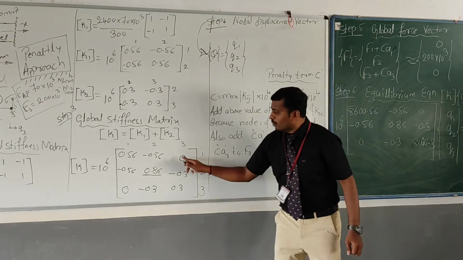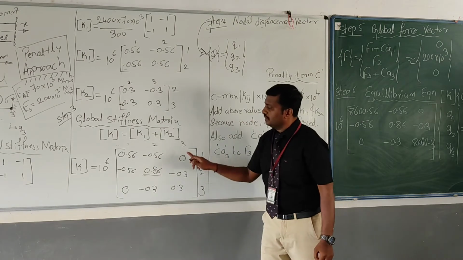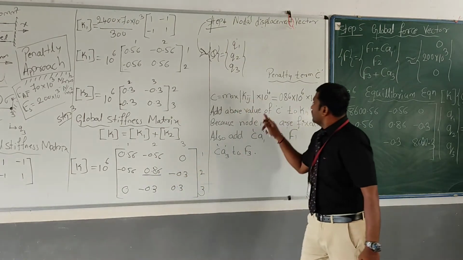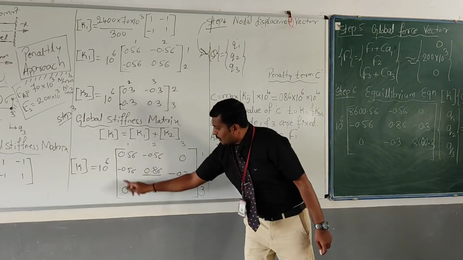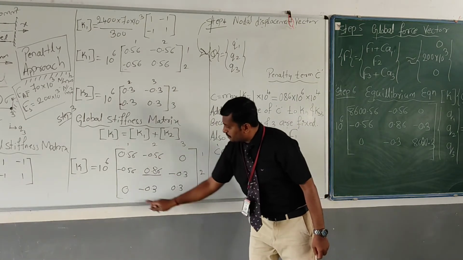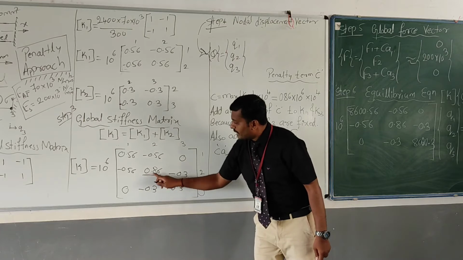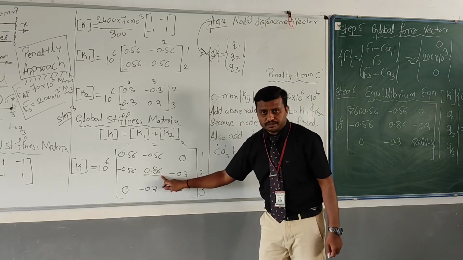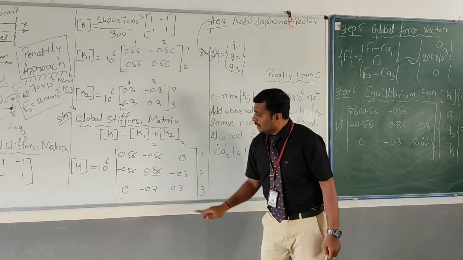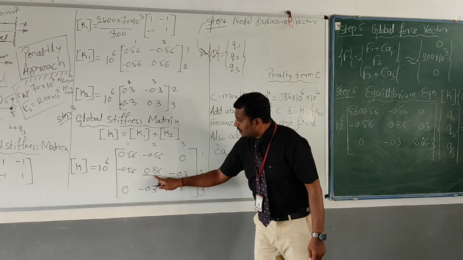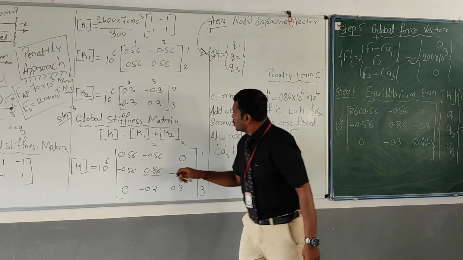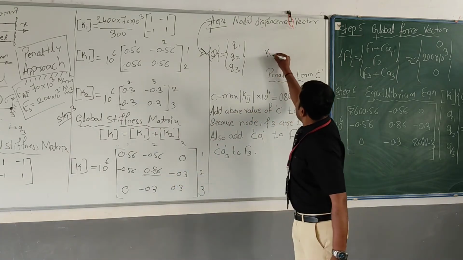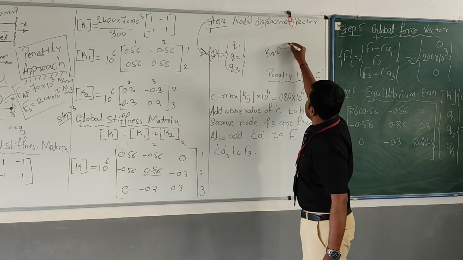You have to find the maximum value in this global stiffness matrix and multiply by 10 to the power of 4. See here, which is the maximum value in this matrix now? That is 0.86, the highest value. It is in which region? It is row 2, column 2, K22. K22 is 0.86.